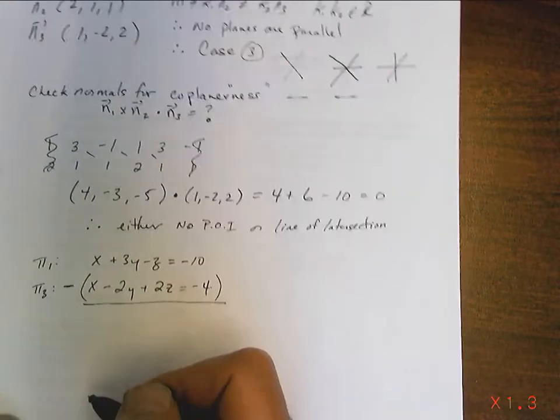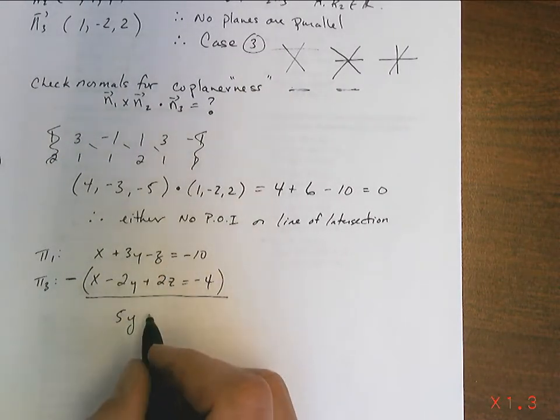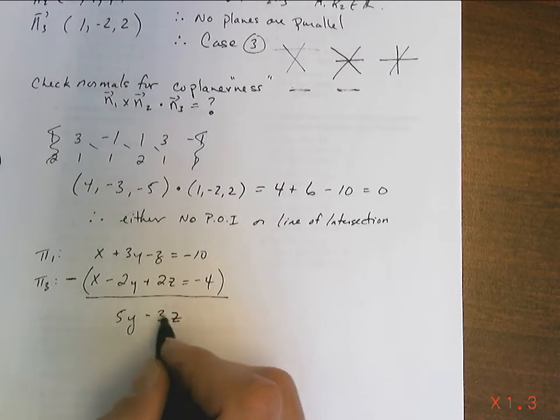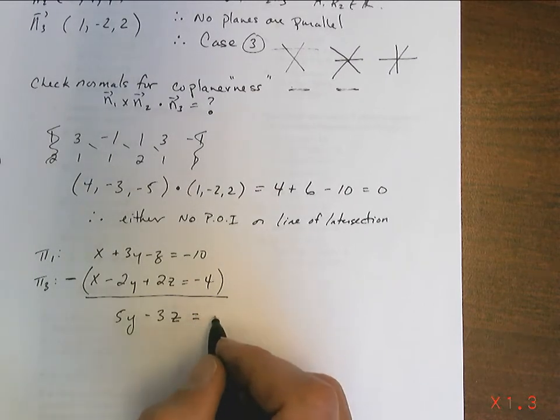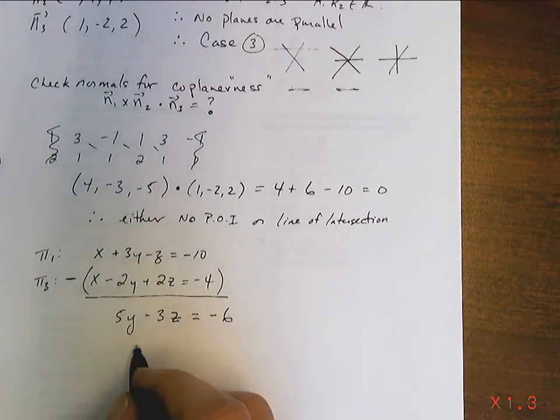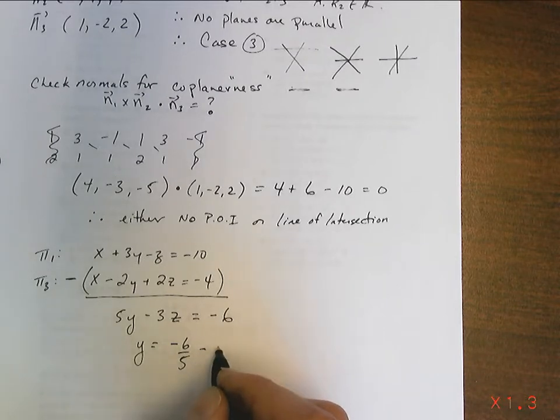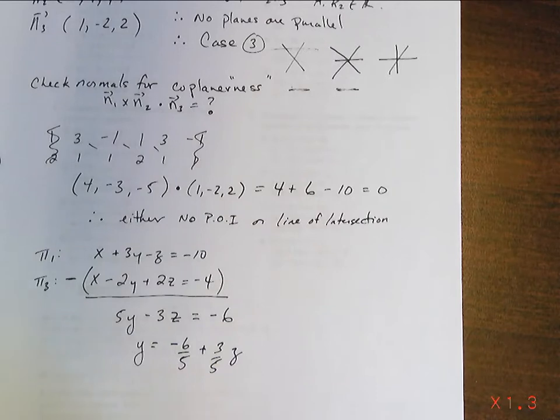So using elimination, we're going to end up with 5y minus 3z minus 6, which is going to be y equals -6 over 5 plus 3 over 5 z. That's one of my equations.